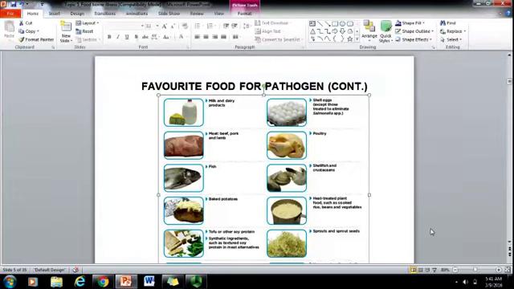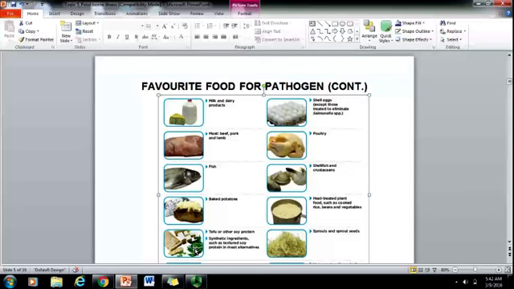Okay, why cooked rice? You must remember some of the pathogens, the heat-resistant pathogens, those that can survive high temperature, such as Bacillus, can grow on cooked rice. Okay, and also products that come from soy or legumes, because these products are high in protein.